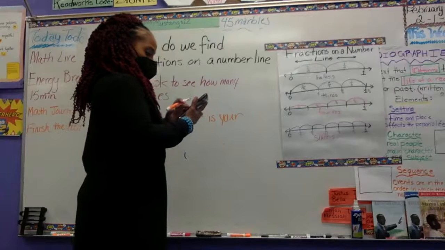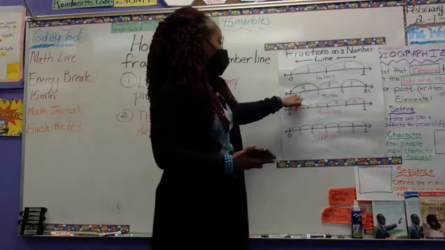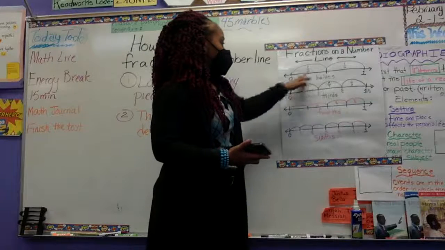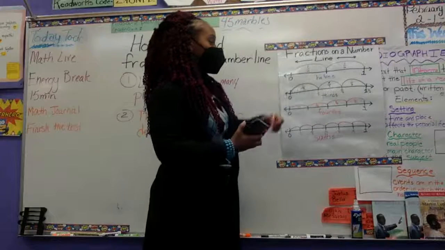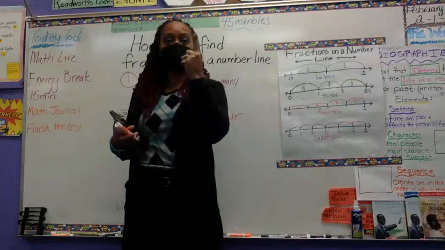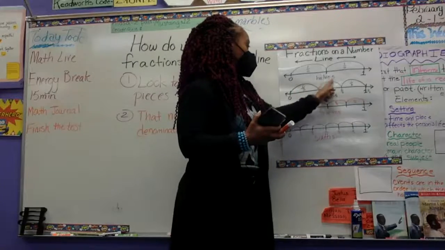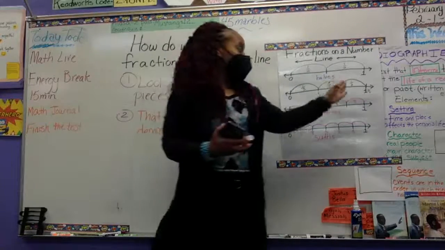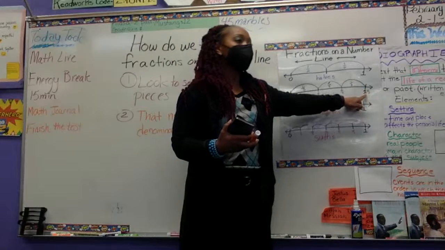So your first number goes into your numerator. So in this first section, I have my unit fraction, right? And so my numerator for each of the first sections is what digit, everybody? 1. And then the next section would be what? 2. And then after that would come 3 until you get to 1.